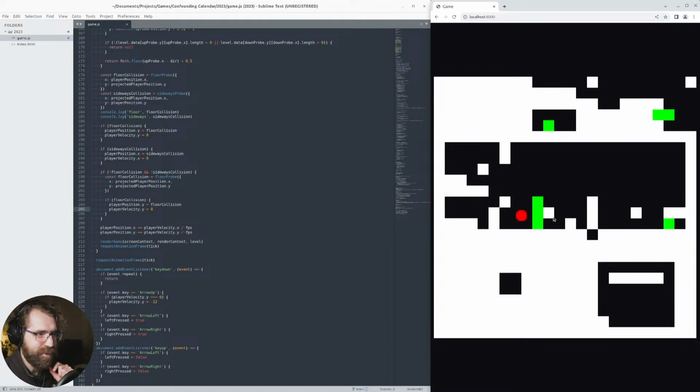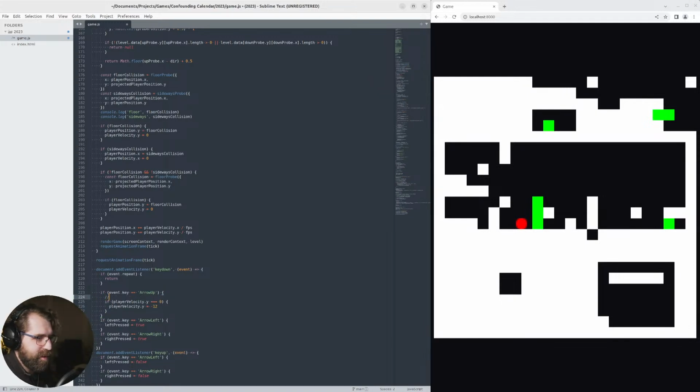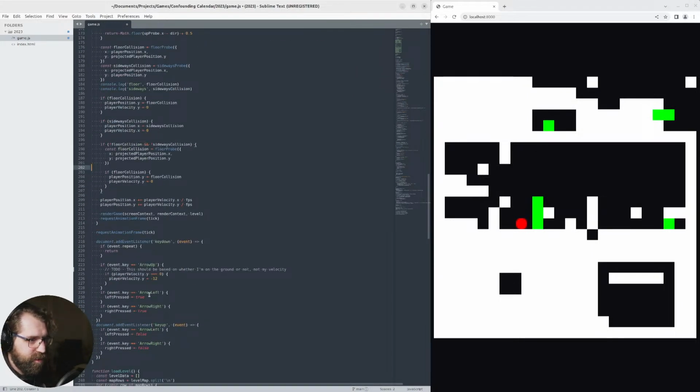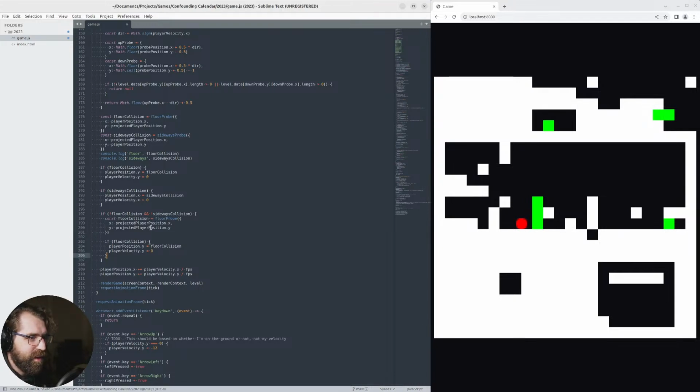I'm not on the ground at that point. I should do it based on the collision. So this is bad right now. In fact, let's put a to-do in here. To-do: this should be based on whether I'm on the ground or not. Not my velocity. There's so much to do. But it's fine.